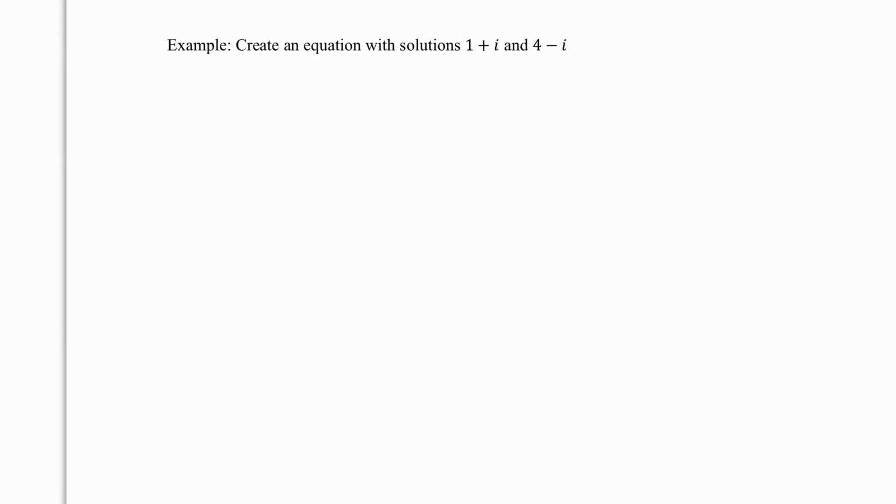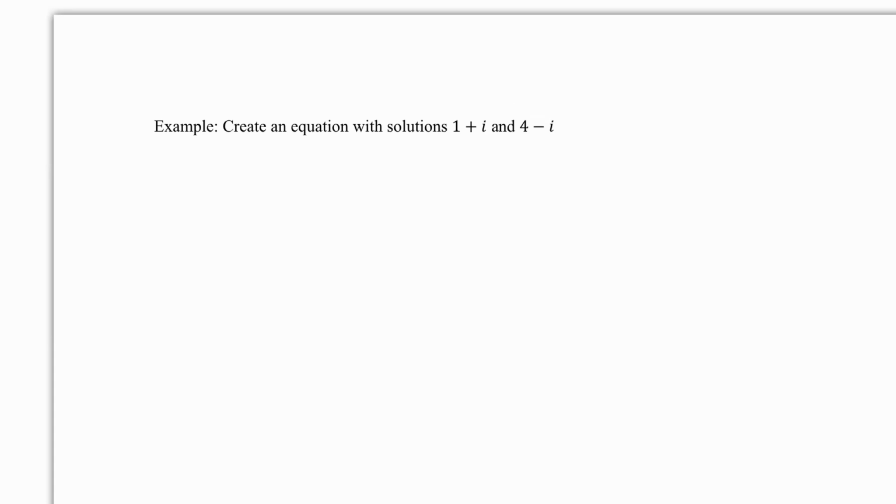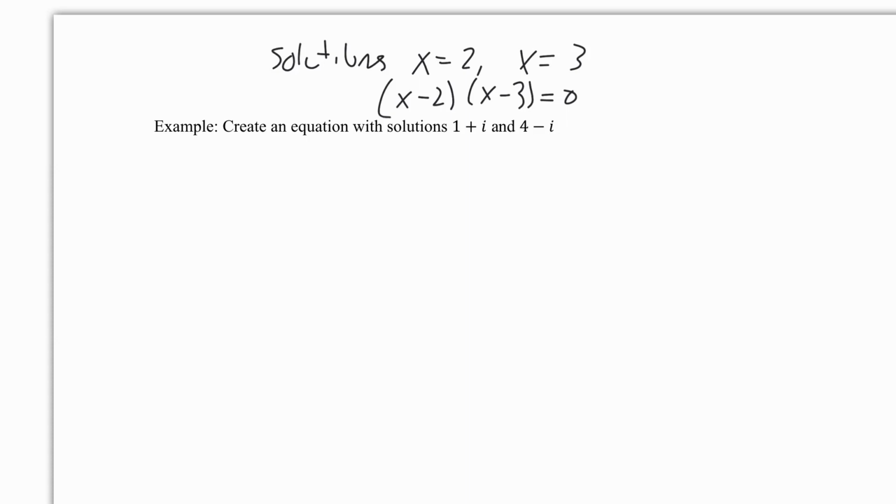Well, just thinking back to basic algebra here, if I wanted to make an equation with solutions, let's say x equal to 2 and x equal to 3, well, I could imagine those came from factors, x minus 2 and x minus 3 equal to 0. So you just work backwards by putting x minus the factor, x minus 2 to give us the factor, and x minus 3 to give us the factor, and set it equal to 0, and well, then I guess I could just expand that.